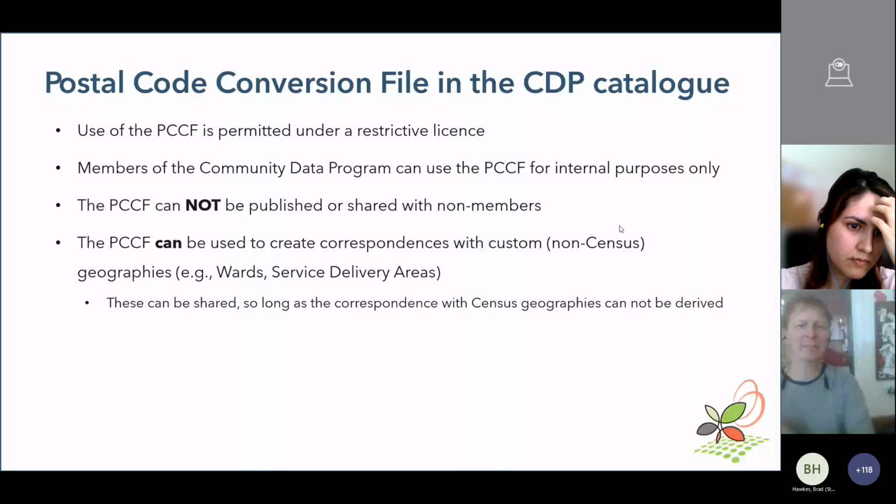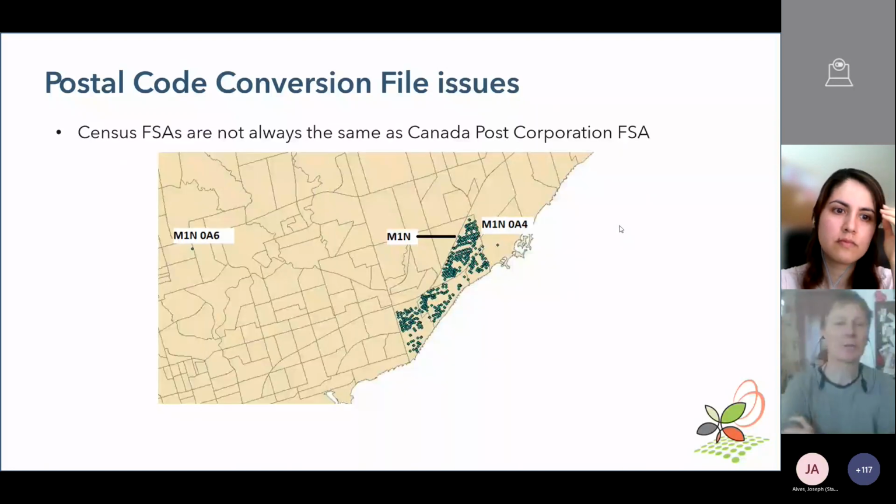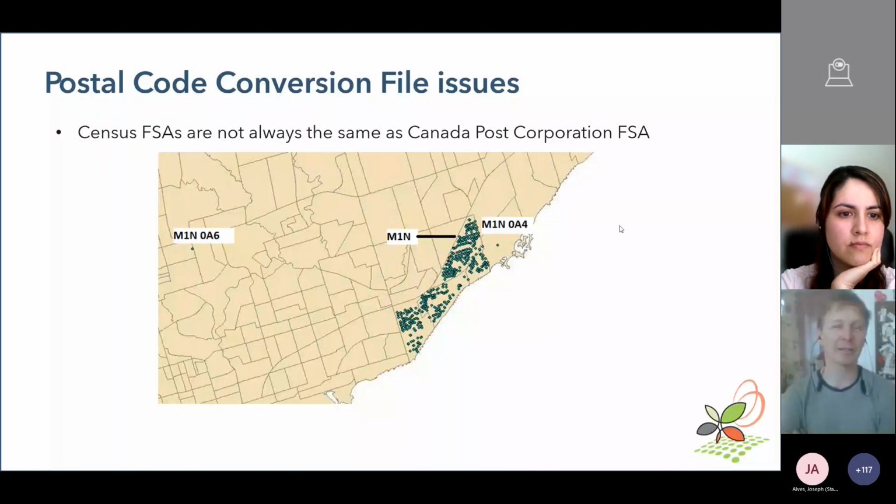So I can cover this quickly before getting into the examples. I just grabbed a few issues that came up from the email record of questions that come up with the PCCF. Usually these are being answered by Gerald. Here's a map, just an example from Toronto, showing the FSA, forward sortation area, of M1N.